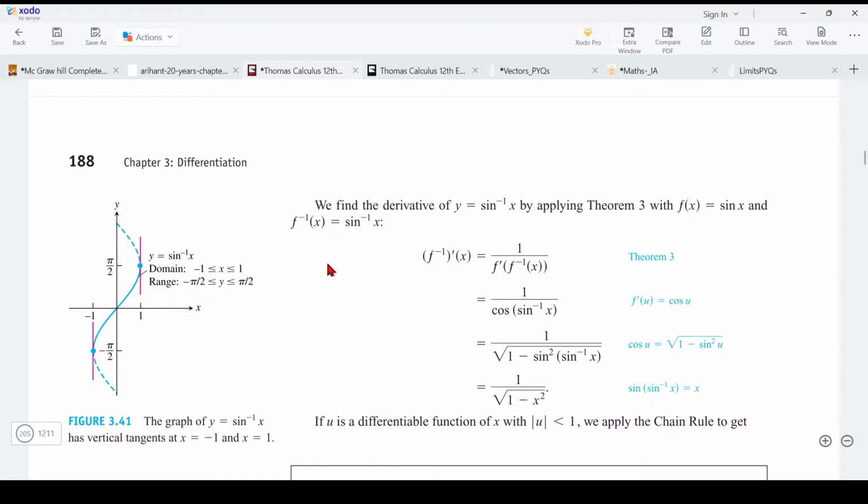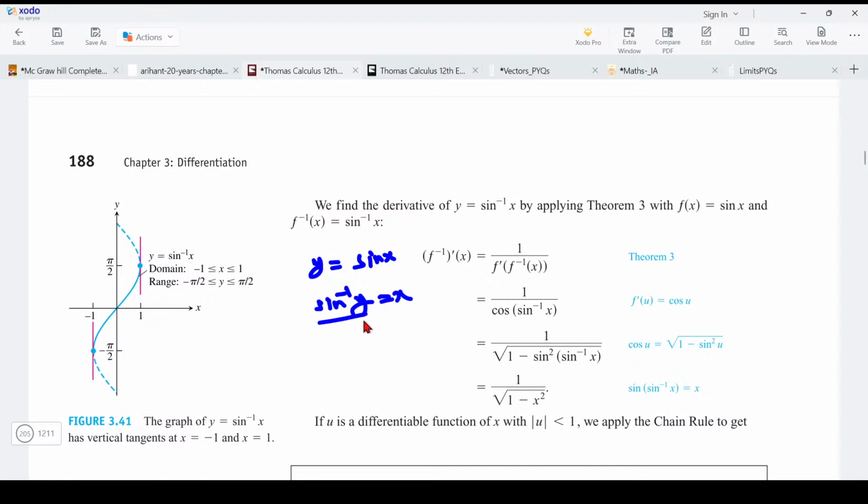Or otherwise, say for example, y equals sin x. Then sin inverse y equals x. What do we want?